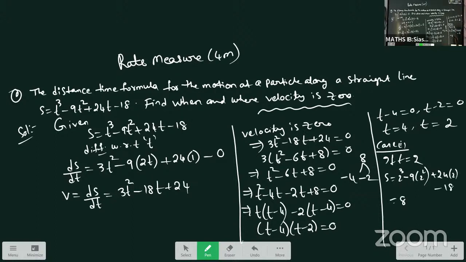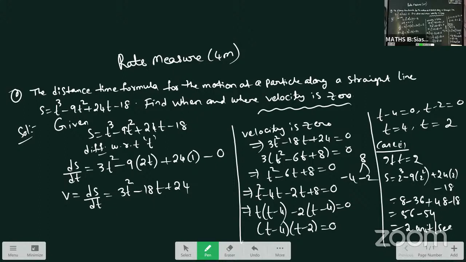So 8 minus 36 plus 48 minus 18. Now 8 plus 48 is 56, minus 36, minus 18 is 2. So distance is 2. Whenever the distance is there, you can write meter or generally units per second.